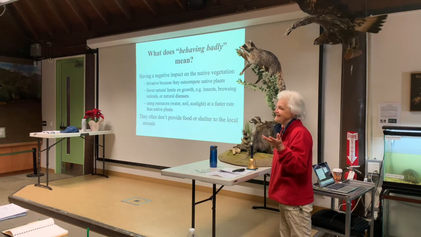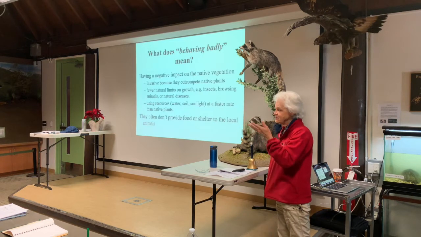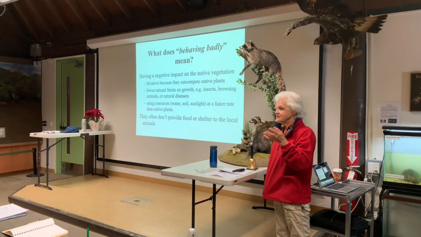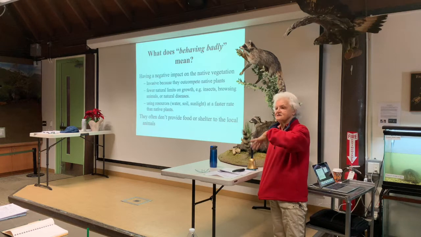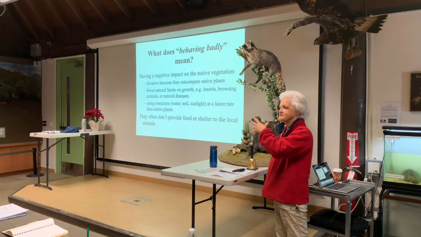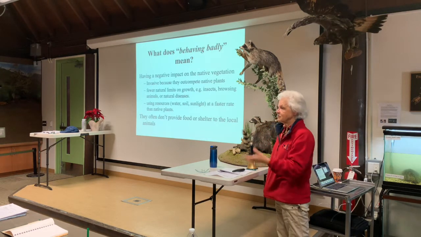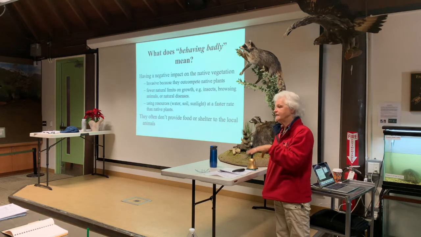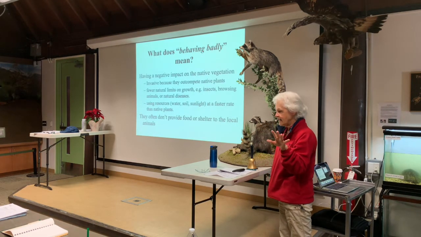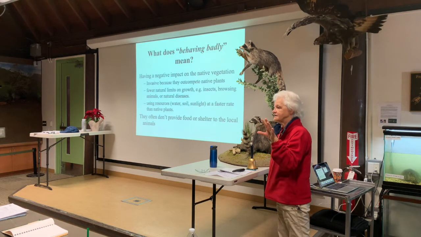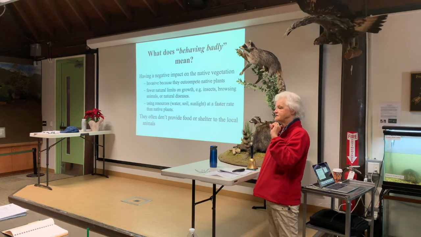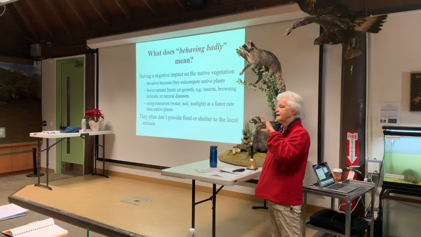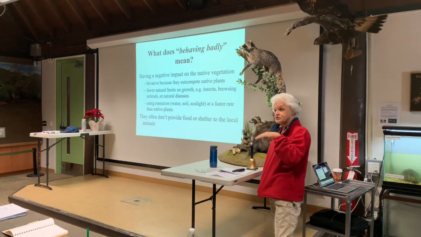So the wild cucumber, some people tear it off because it covers the plant and they say it's going to choke it to death. No, it's native. It doesn't have a negative impact, or at least not a permanent negative impact, because it's deciduous.